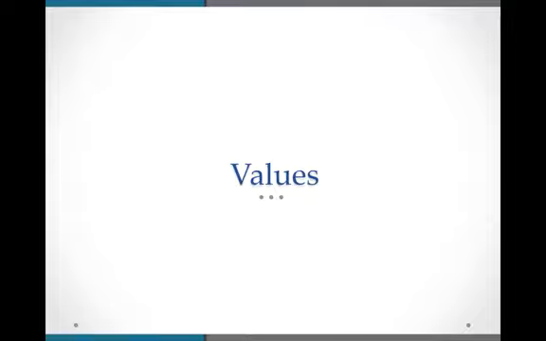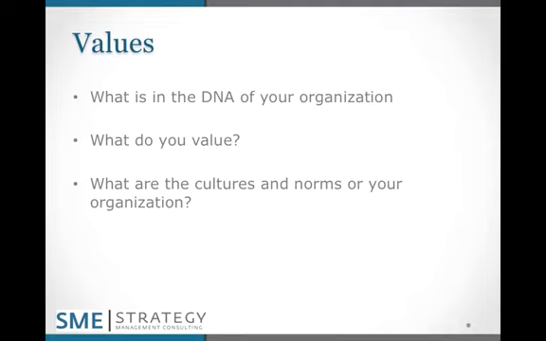And then over time, as more people grow into the company, the values of the organization shift and draw from the people within it. And that really is endemic of the DNA of the organization. What do people value? What do people care about? And what are the cultures and the norms of the organization?